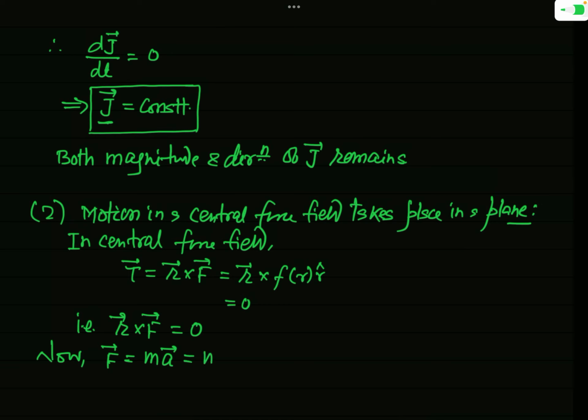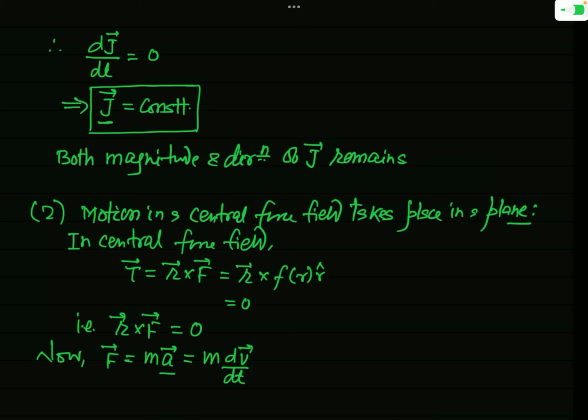Acceleration is the time derivative of velocity, so instead of a, you may write dv dt. So F is equal to m dv dt.